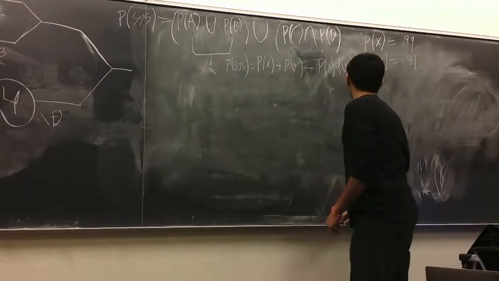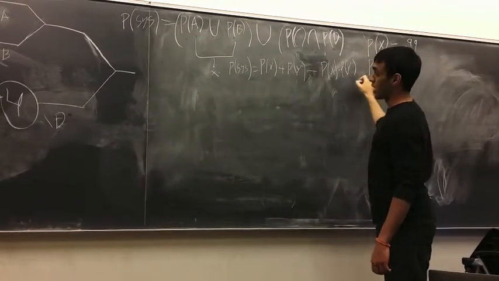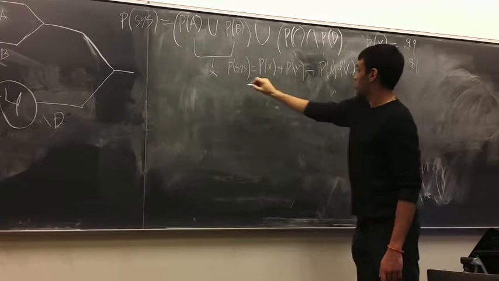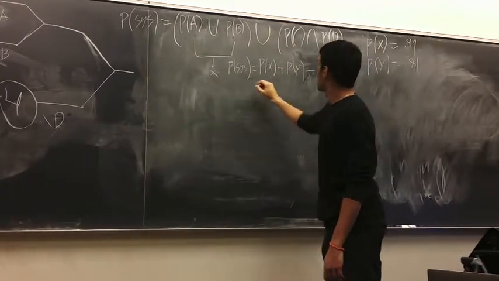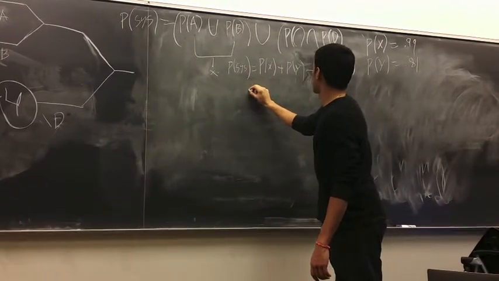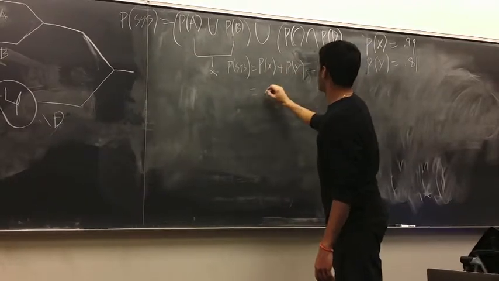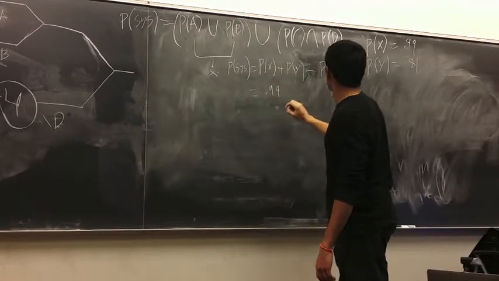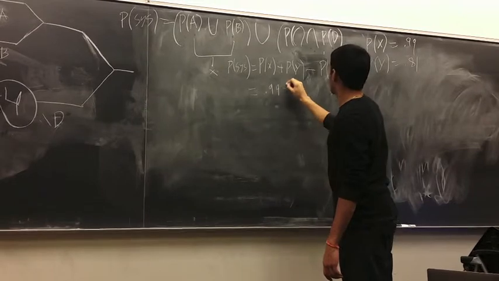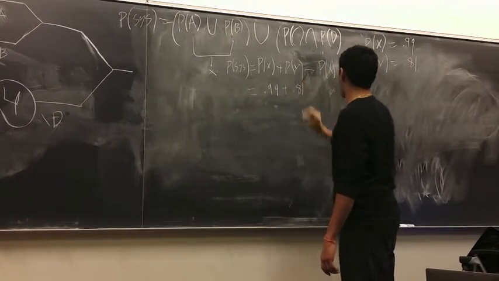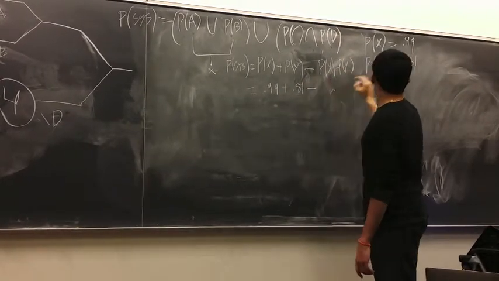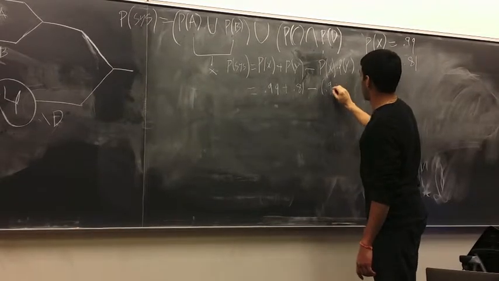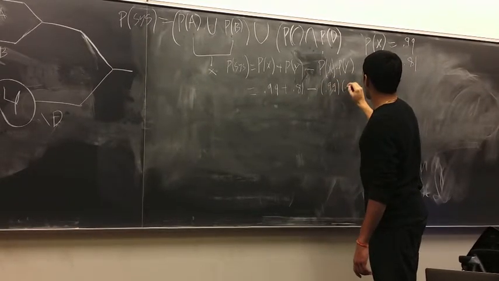Now that we have the probability of both X and Y, we can solve for the probability of the system. So this equals P of X, 0.99, plus probability of Y, which is 0.81, minus 0.99 times 0.81.